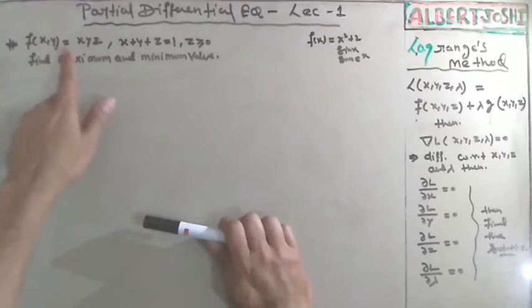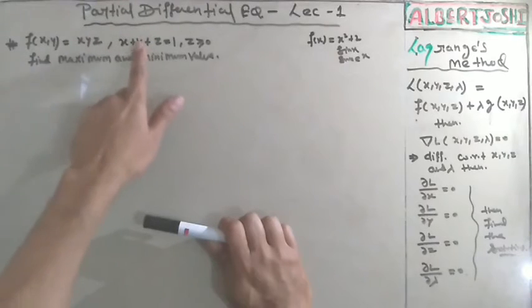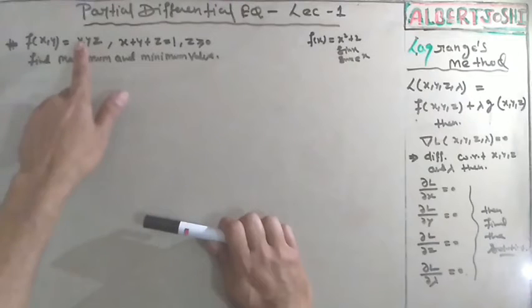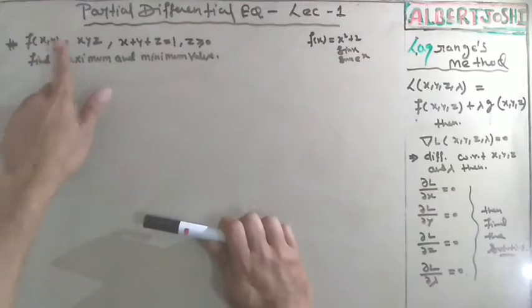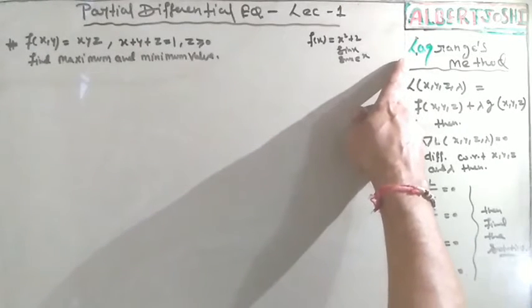Now suppose someone has given you one function f of x, y, z equals xyz, and also a constant, and you have to find the maxima and minima with the help of this constant. So this time you have one function and a constant. In this condition we will use Lagrange's method.